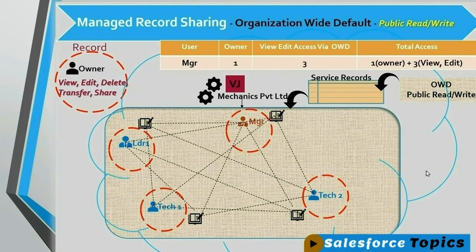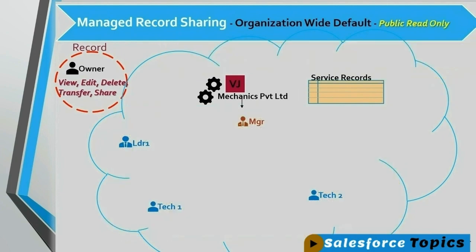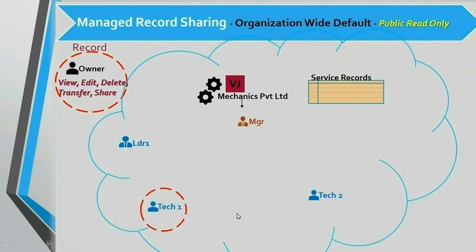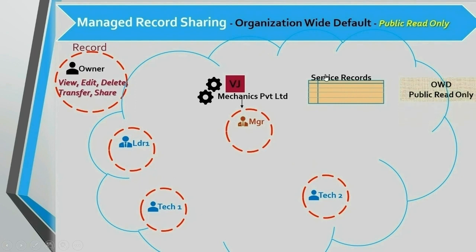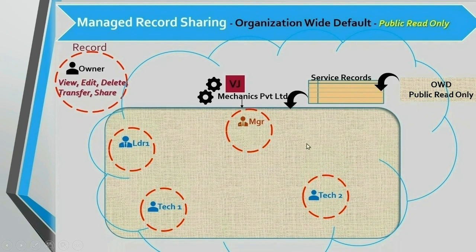The next option in the OWD is public read only. Let's assume each user has created one record and they will get ownership on those records. Now let's apply public read only OWD on this service records of service object. Once we apply the public read only, the records created by MGR1, read access of that would be shared with LDR1, Tech1, Tech2.